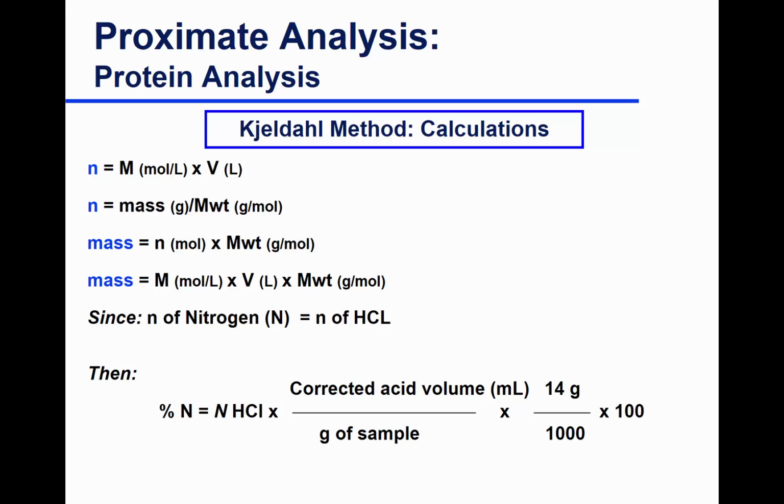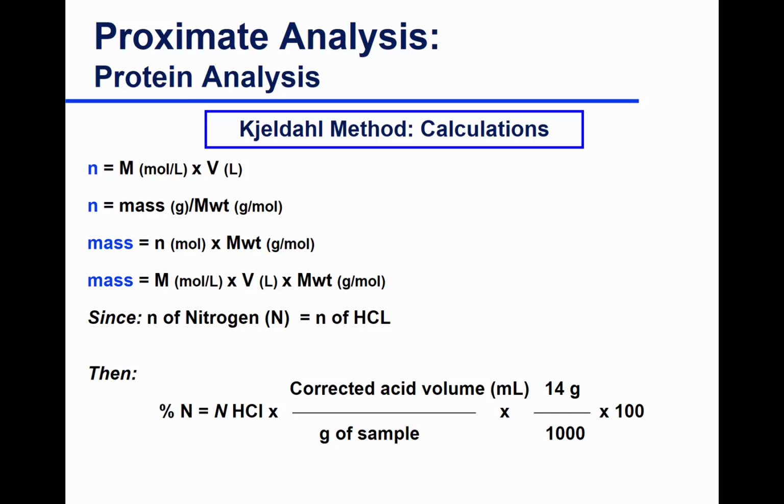Okay, that's at the end, at equilibrium. We can get the number of moles of HCl because we know the molarity and we are going to know the volume. So this is easy. We don't care about this.